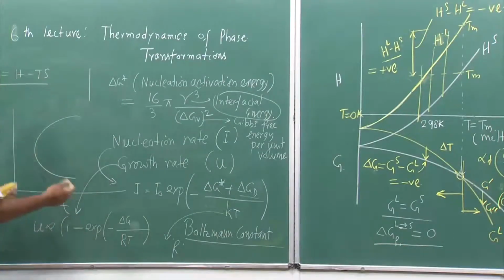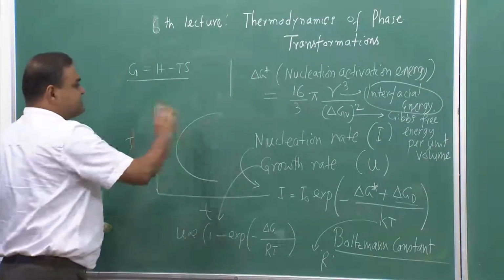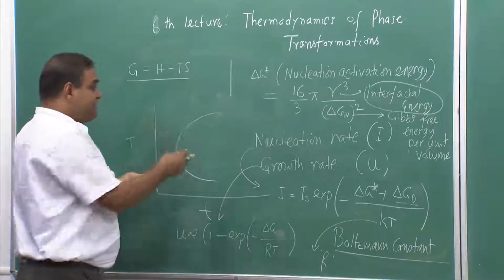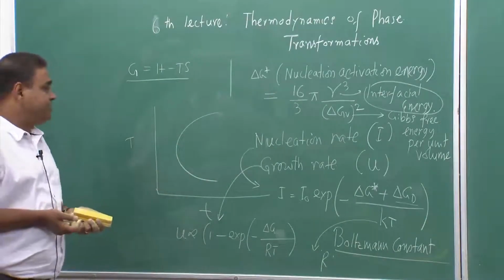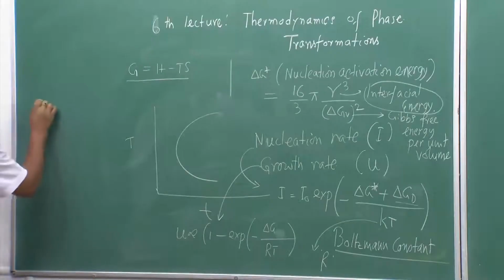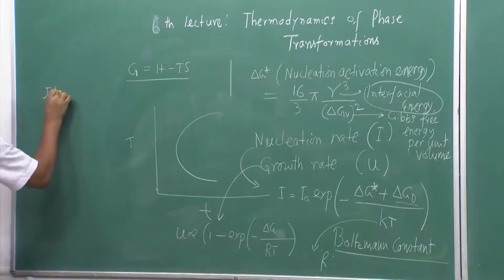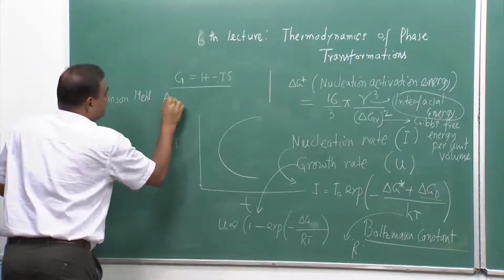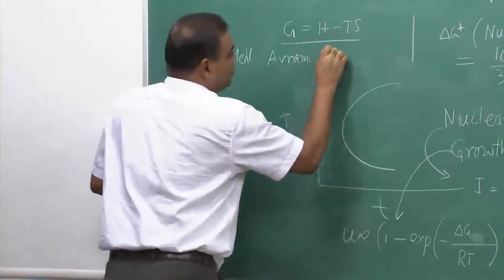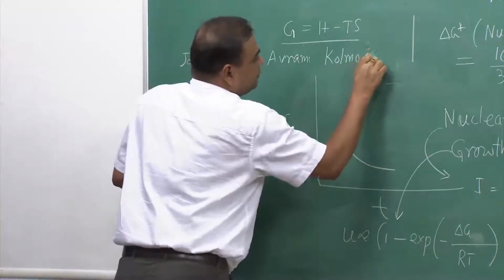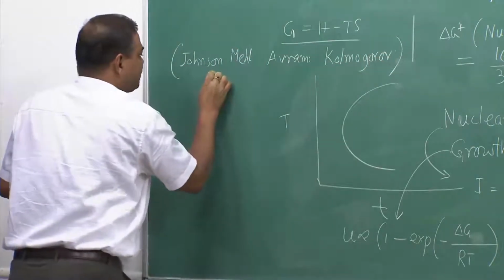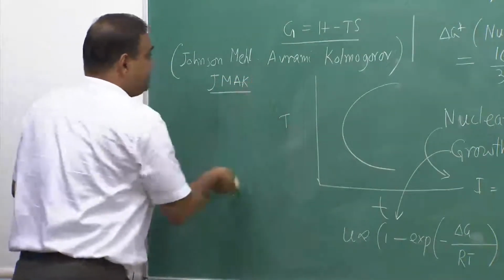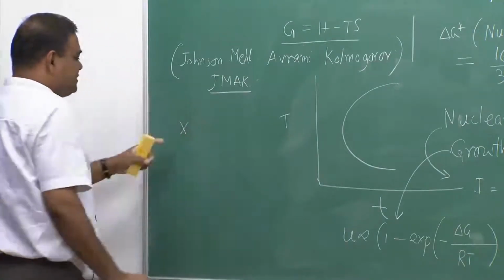Now, for finding this TTT diagram, we need to know the nucleation rate and the growth rate, and overall this graph shows the overall transformation kinetics, which is given in the form of the Johnson-Mehl-Avrami-Kolmogorov, properly known as the JMAK equation, which is given in terms of X, the fraction transformed.